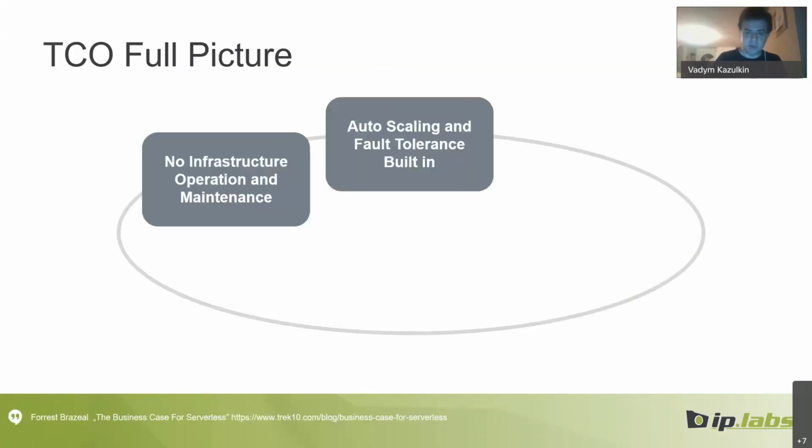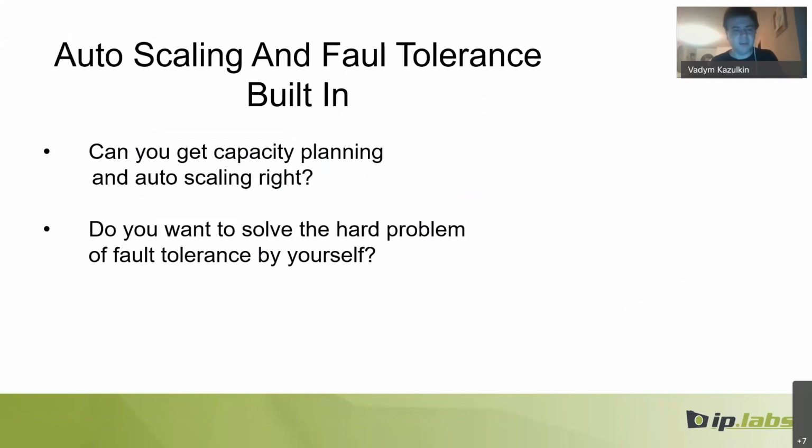Another thing that you will get with serverless is auto-scaling and fault tolerance built in. And just also ask yourself, can you get the capacity planning and auto-scaling right? And do you want to solve the hard problem of fault tolerance by yourself? At IP Labs, we have huge spikes around the Christmas business because people are buying their gifts, like the photo book of the year and so on. And we are in the business-to-customer space, so we have to rely on the forecast from our partners, and often they don't really know, especially in difficult times like currently.